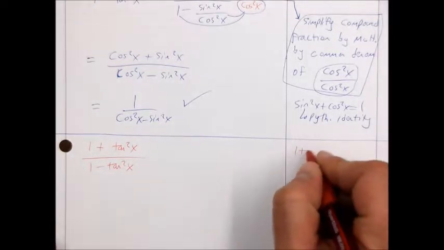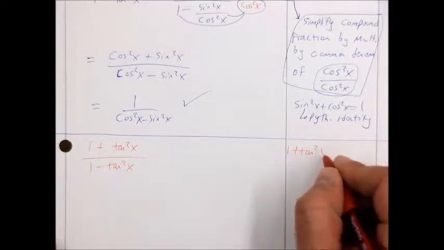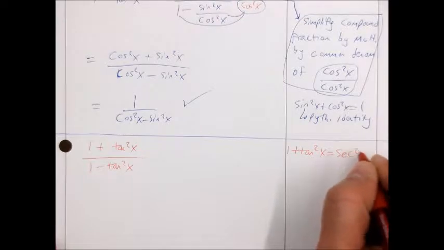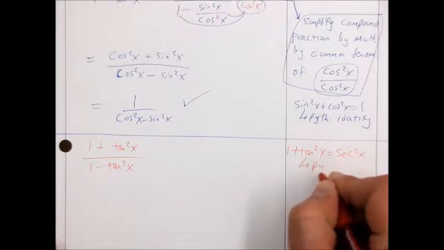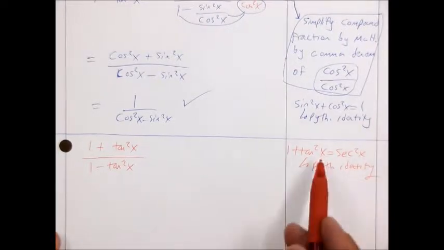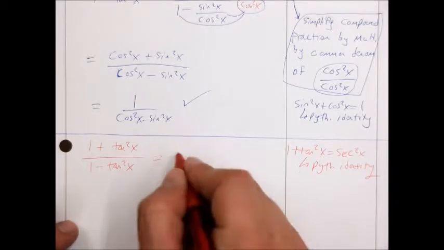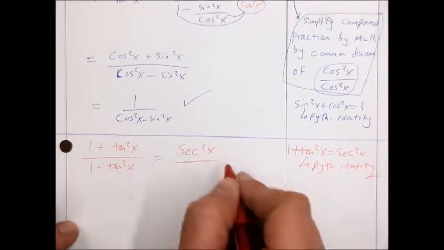So let's use the fact that 1 plus tangent squared equals secant squared. Right? This is another Pythagorean identity. There's 3 of them. And so we could make that substitution and change the numerator to secant squared.